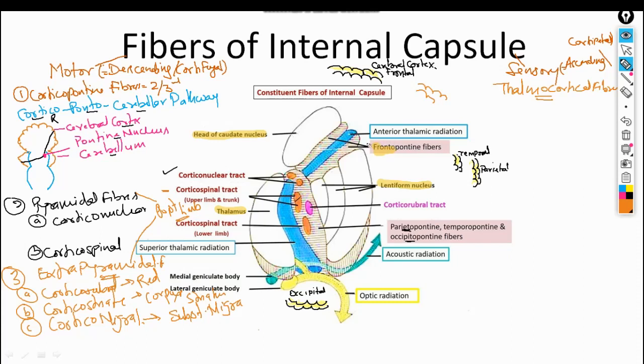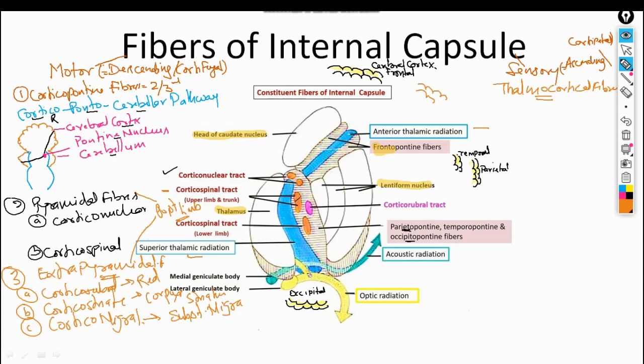Some radiate anteriorly, so they are known as the anterior thalamic radiation. The one which radiates in the superior direction is known as the superior thalamic radiation. The one which radiates from the inferior part of the lentiform, through the sublentiform part of the internal capsule, is known as the acoustic radiation.